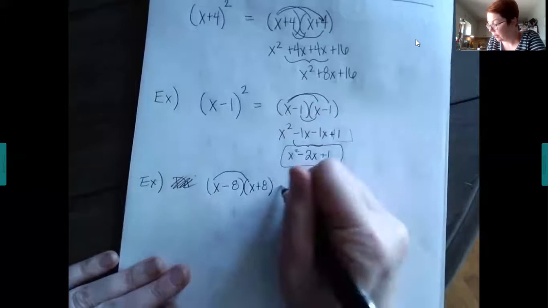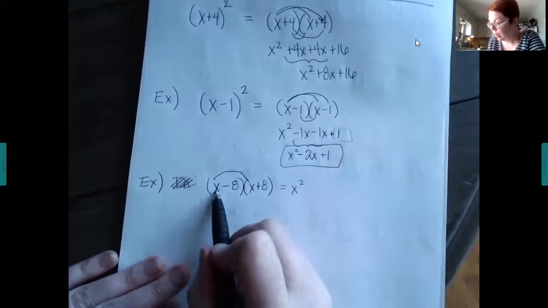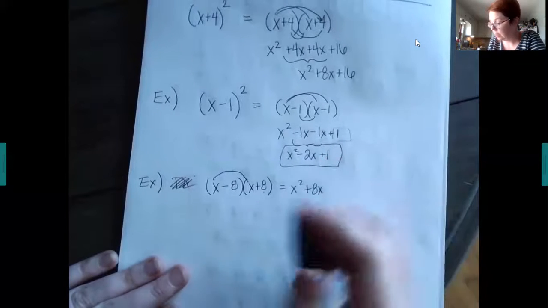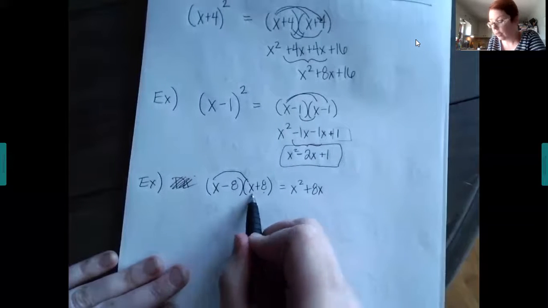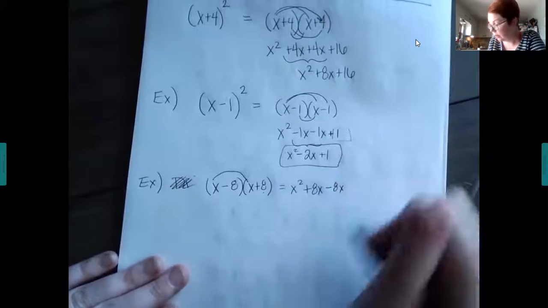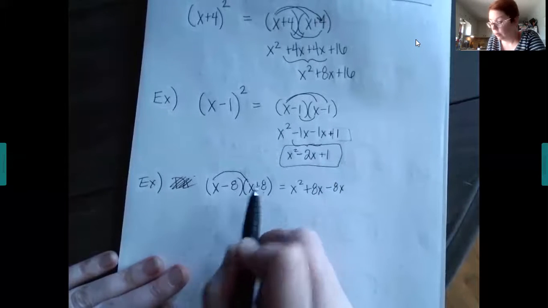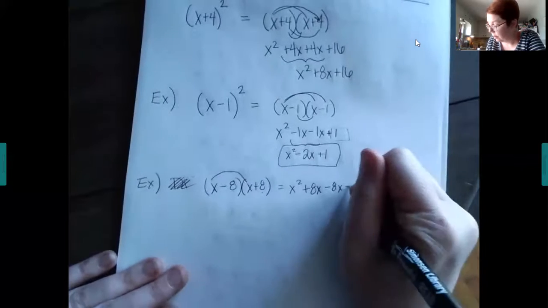X times x gets us x squared. X times this positive 8 gets us a positive 8x. Negative 8 times this x gets us a negative 8x. And 8 times 8 is 64. Negative times positive is a negative.